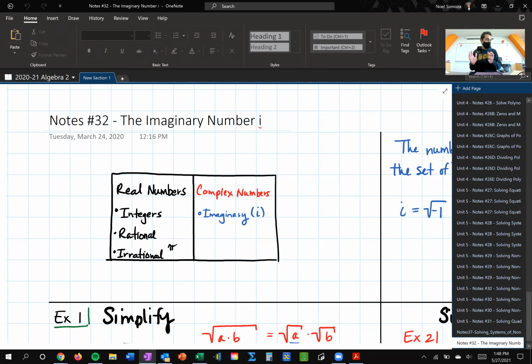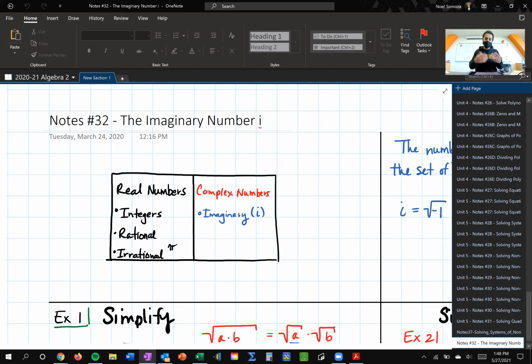And then we have this other set of numbers, which is another realm of numbers, if you want to think about it. They exist in another dimension almost. It's these complex numbers. Complex numbers are made up of real numbers with imaginary numbers, but the imaginary numbers are what help create the complex.